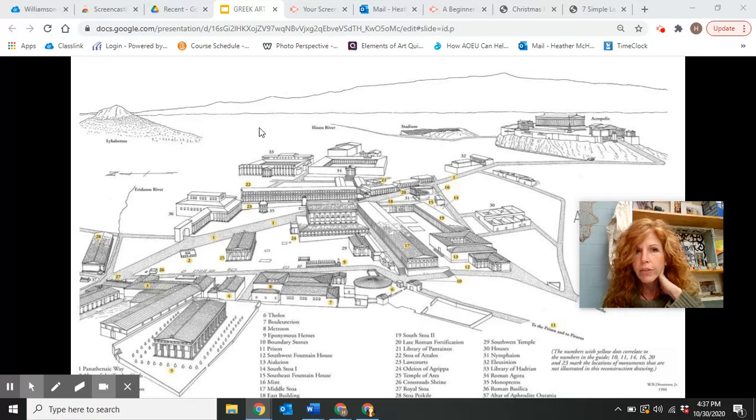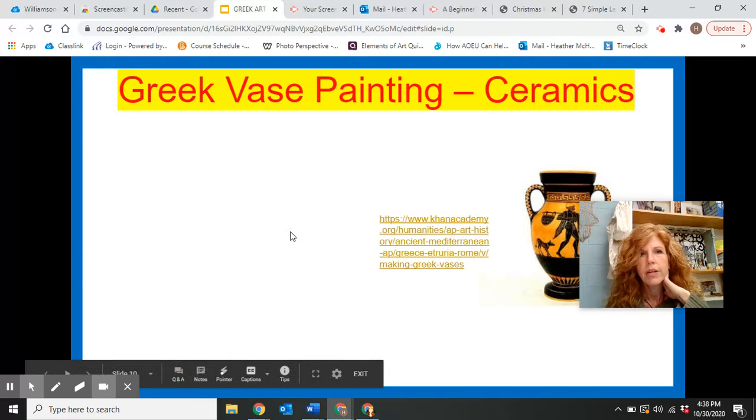You can look down on the Agora and all the happenings that are there. You can look out and see if anyone's coming. And of course, they in turn can look up and go, oh my gosh, look at this amazing society that's constructed this beautiful white sparkling temple, and all of these other structures that are sitting on top of the Acropolis. So this is the Agora, right?